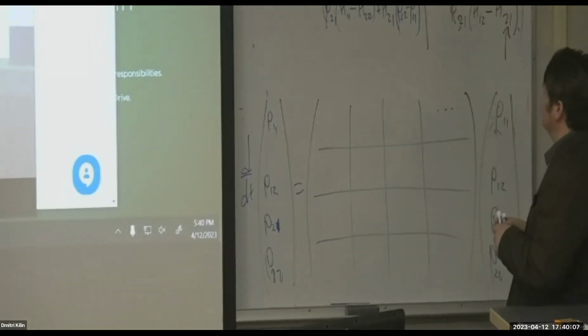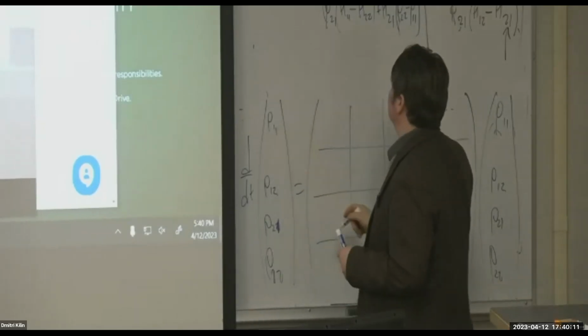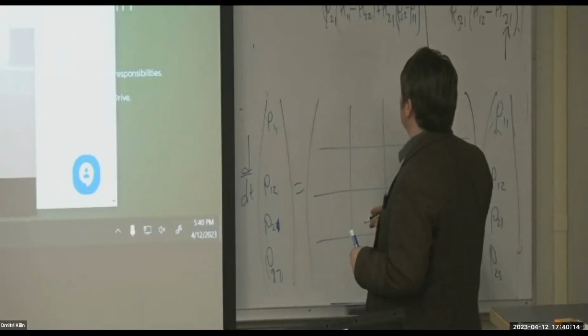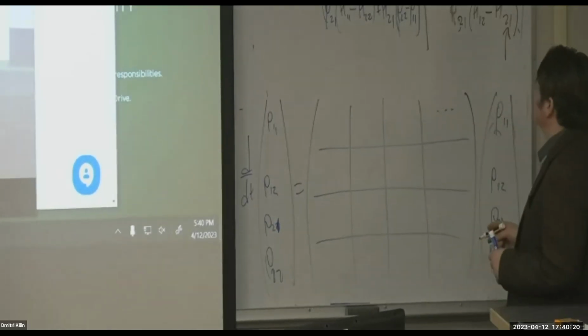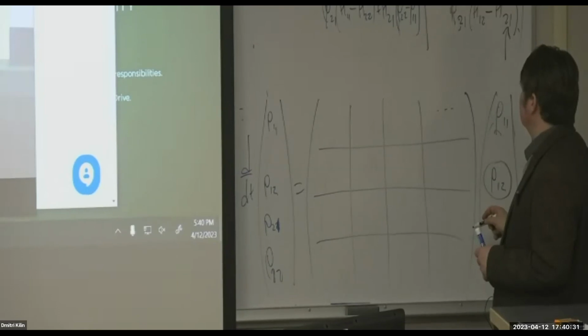So let's start from time derivative of rho 11. It is getting contributions. If I didn't make an error from, yes, I think I made an error.